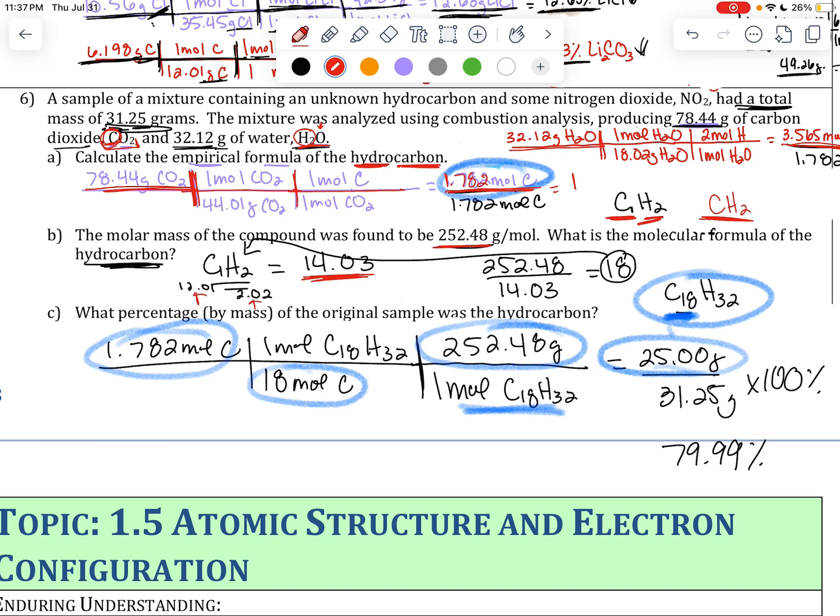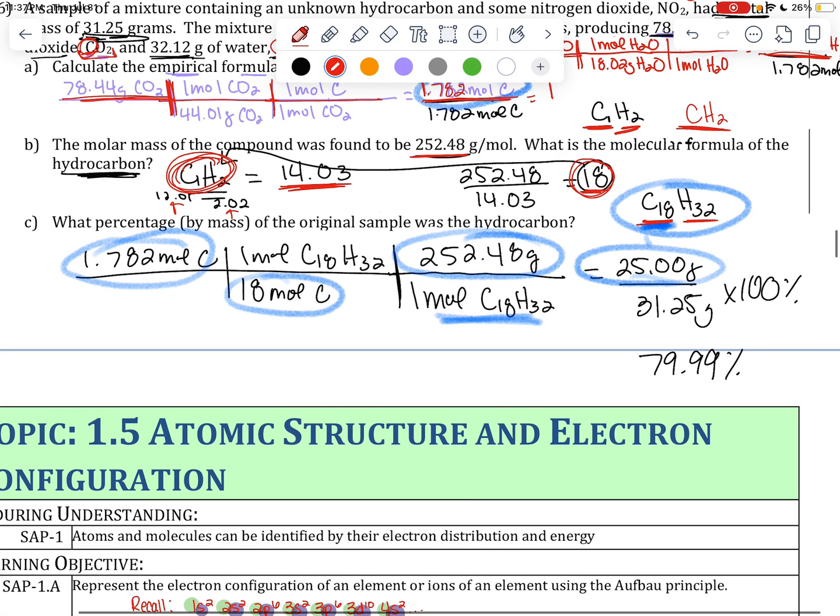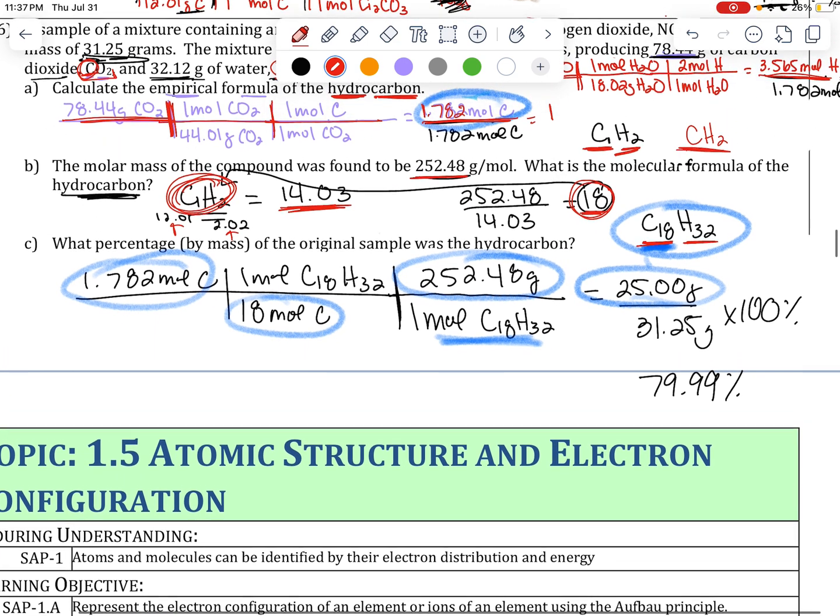And this is me adding these 2 together. And when you divide it, you get 18. So once you get the 18, it tells you that I basically have 18 of CH2s. So I would just have to multiply this by 18. So I get C18H36.